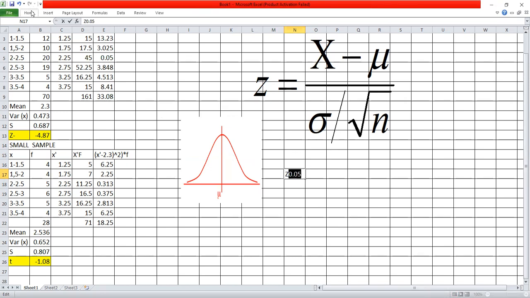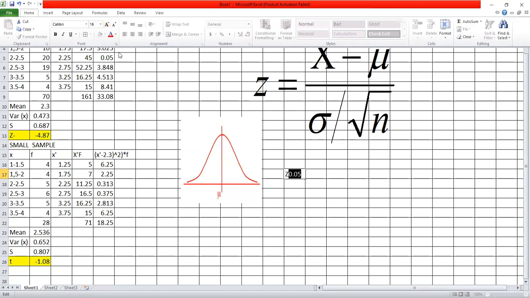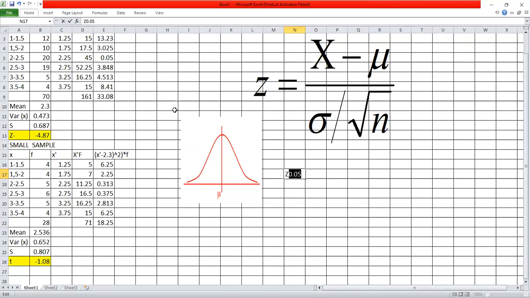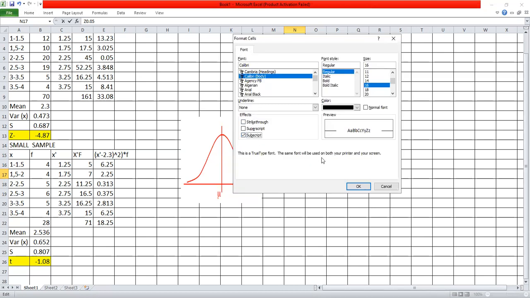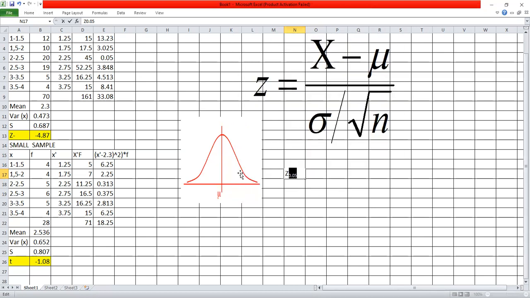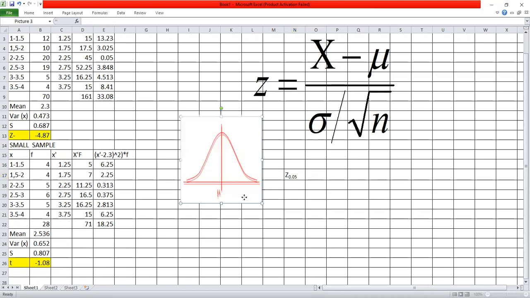You indicate Z 0.05 on the horizontal axis, somewhere where this line you have drawn meets this axis. That's what the tails imply. If it is one tail to the right, you chop off 5% to the right.